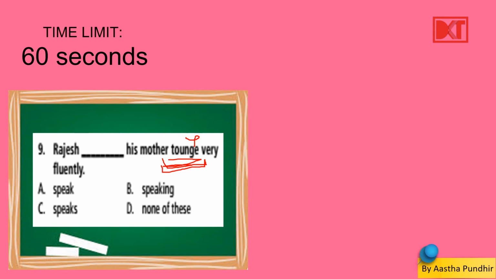So let's just take it as an error. Okay, so Rajesh dash his mother tongue very fluently. Speaks, speaking, speaks. Here the correct answer is C, speaks. The subject Rajesh is third person singular. So we use speaks, speak plus s, speaks. Right, now here speak is the infinitive form. Speaking is verb plus ing.